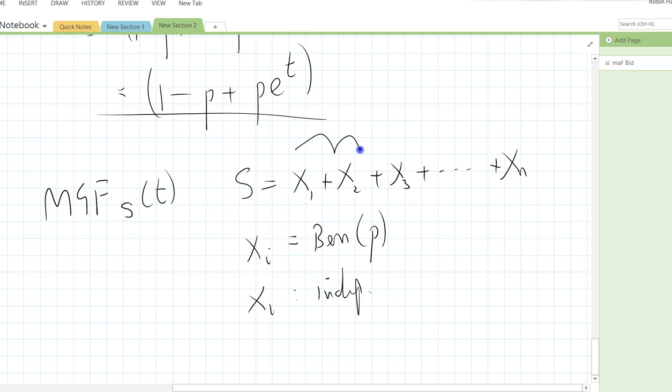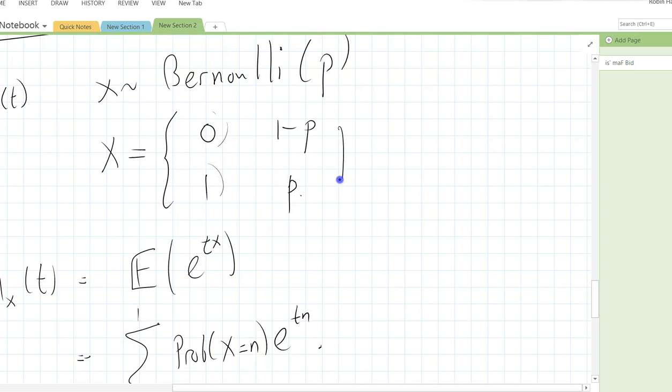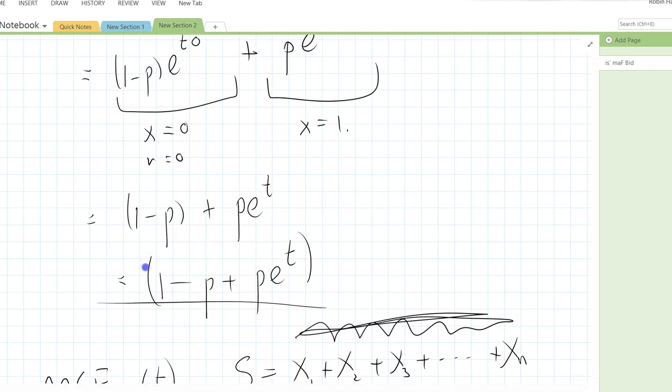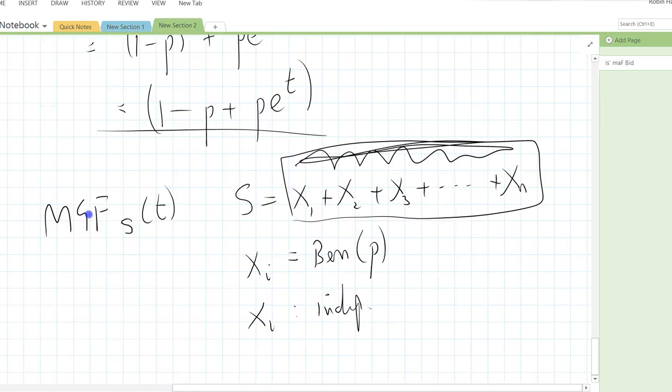Because we're adding all these separate ones together, the zeros don't count for anything. If it fails, that's like a 0. That's a fail, and that's a success. So we ignore all the failures and just count up how many successes we've got. And of course, that's the definition of a binomial distribution.